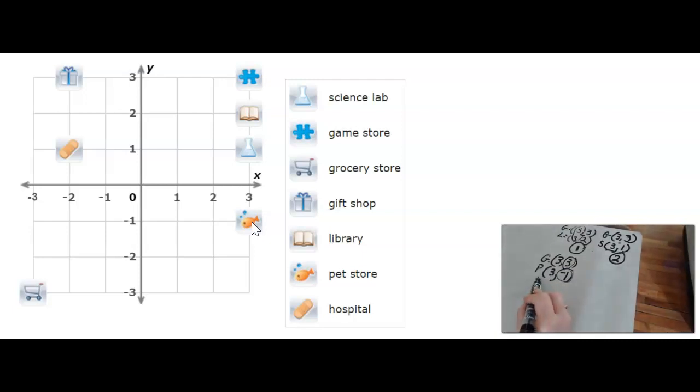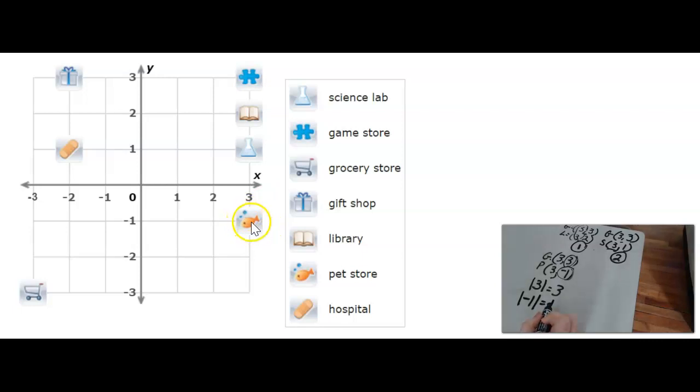So the absolute value of 3 is 3, which means that the game store is 3 away from our 0 point, which is the x-axis, right? Okay, and then our absolute value of -1 we know is 1, right?